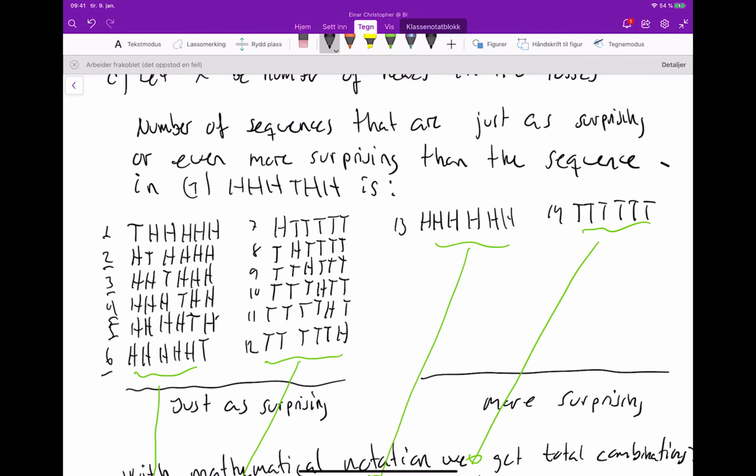The same is when we just have one head. That is just as surprising as having one tail. So we get new 6 sequences. And even more surprising than the mentioned sequences are that we get 0 tails, which is 6 heads, or 0 heads, which is 6 tails.